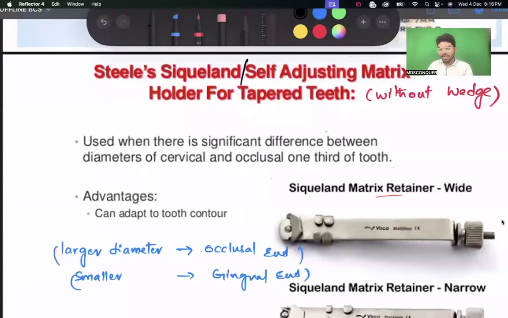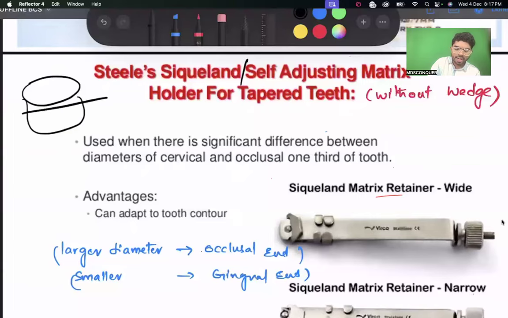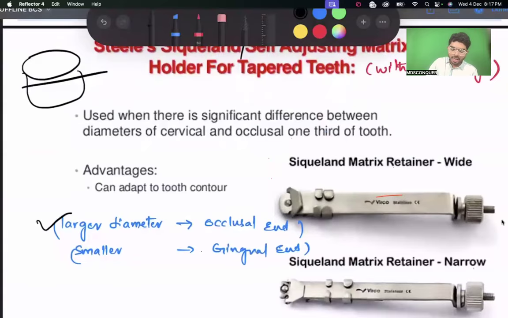The next one, have you seen this anywhere? Self-adjusting, or Sectional matrix. Normally, teeth have different dimensions at the occlusal part and different dimensions at the cervical part. So this is a matrix band which has 2 ends: one is the larger diameter, the occlusal end, and the smaller diameter is the gingival end.